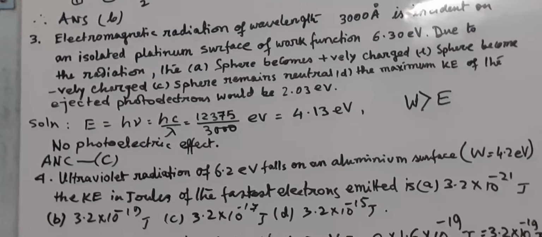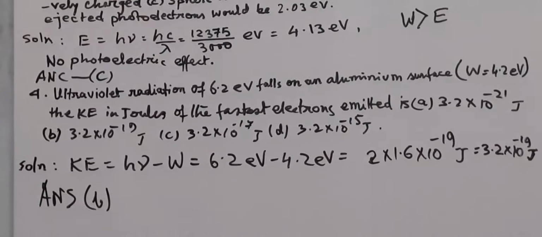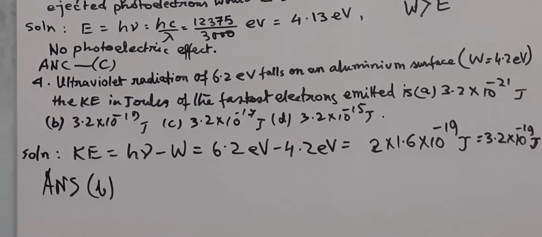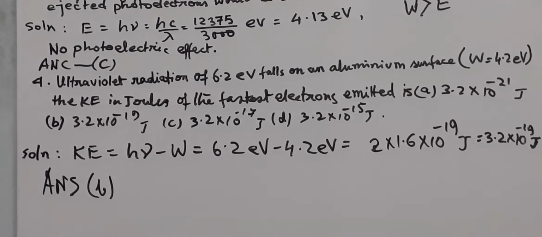Now, come to question number 4. Ultraviolet radiation of 6.2 electron volt falls on an aluminum surface, the metal is aluminum and the work function is 4.2 electron volt. The kinetic energy in joules of the fastest electrons emitted from here, choices are given.